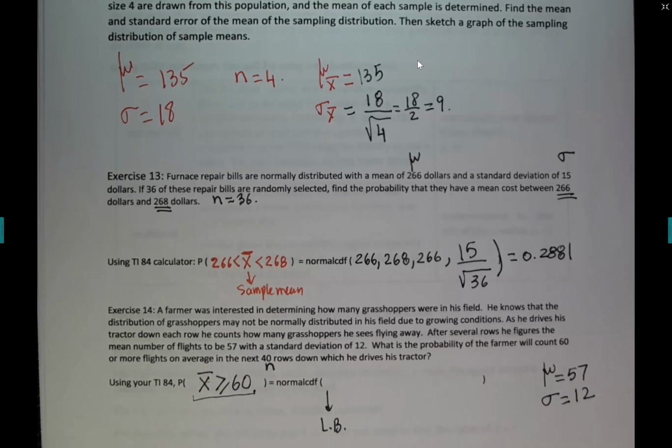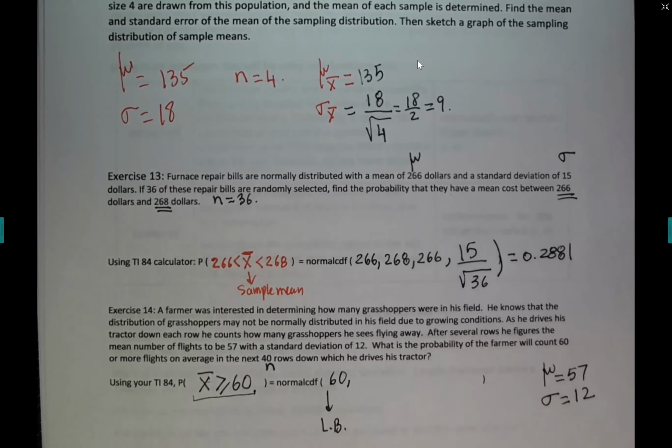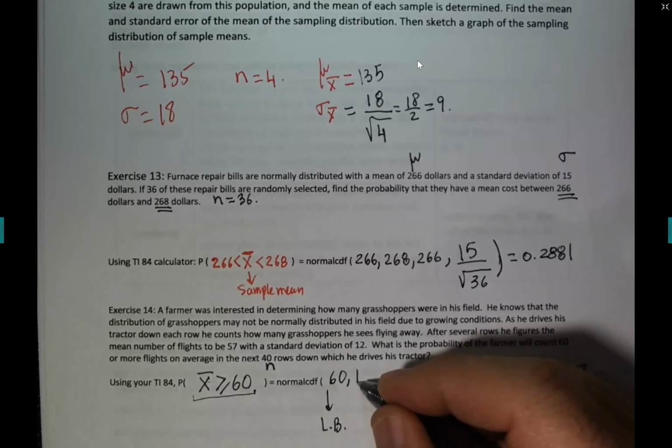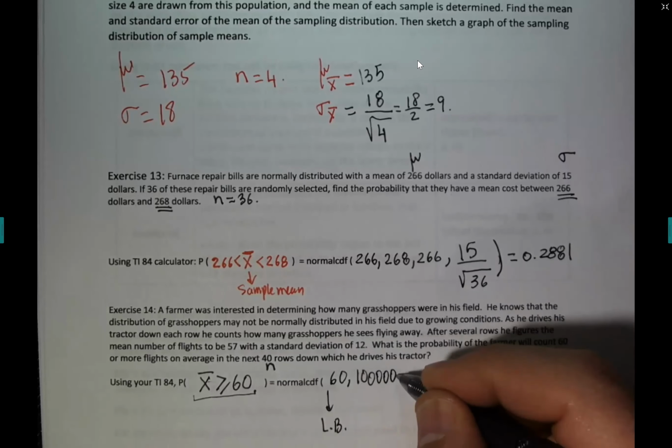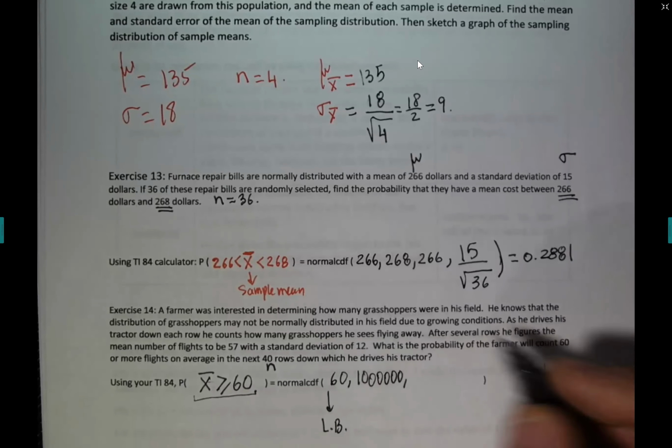Is it 60? 60. What's the upper bound? A million. The -1 million will be a lower bound when we do less than, always. And then the mean is 57.